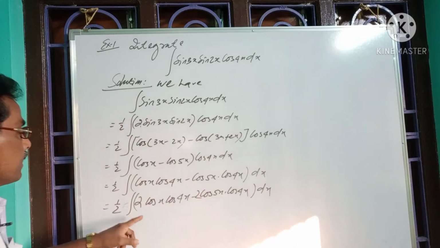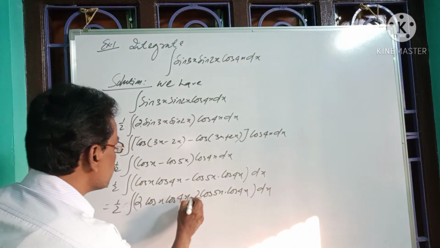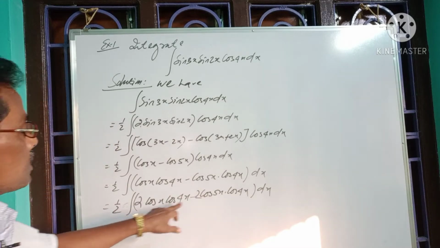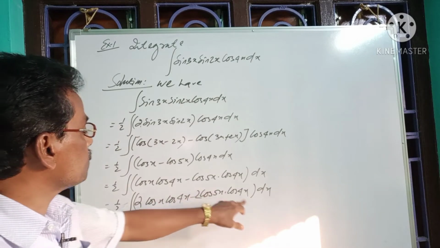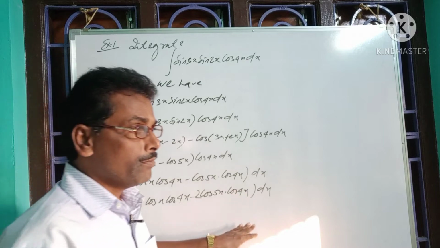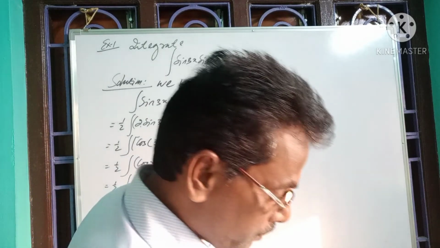So now again we multiplied by half and 2, so that we got 2 cos a into cos b minus 2 cos a into cos b, but 2 cos a into cos b is cos of a plus b plus cos of a minus b.